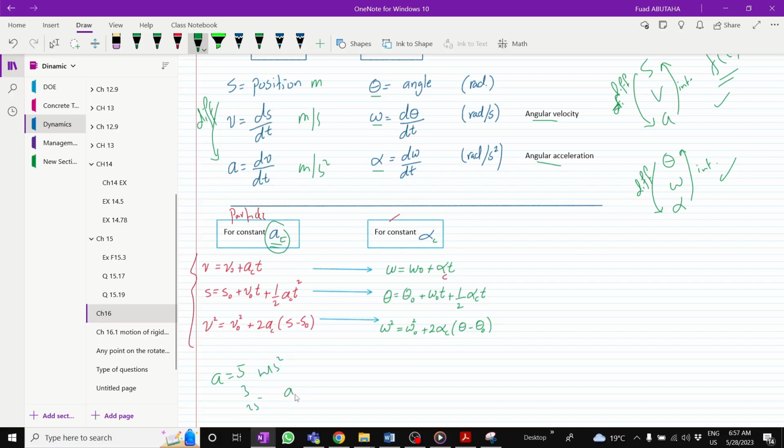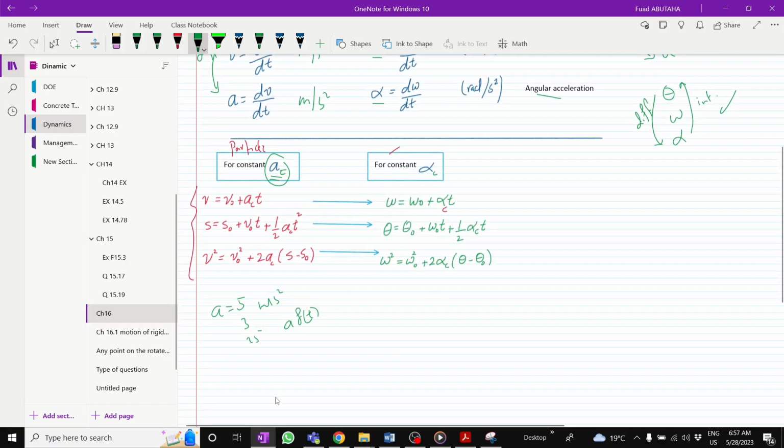It's not constant when the acceleration is a function of time, like for example a equals 5t squared plus 2.